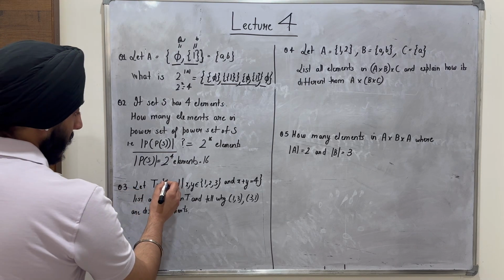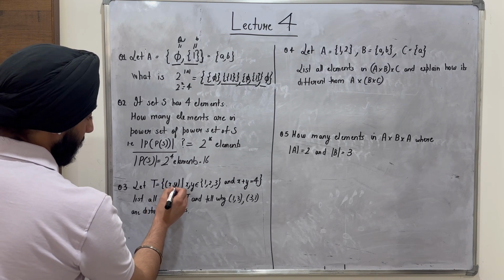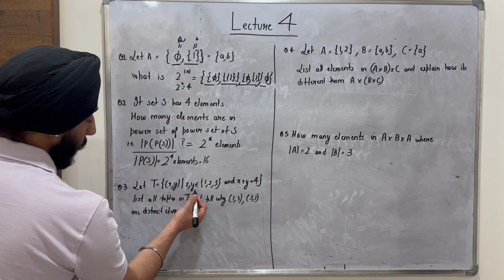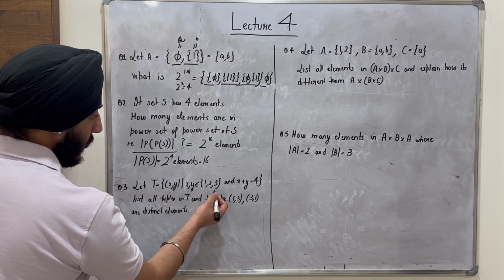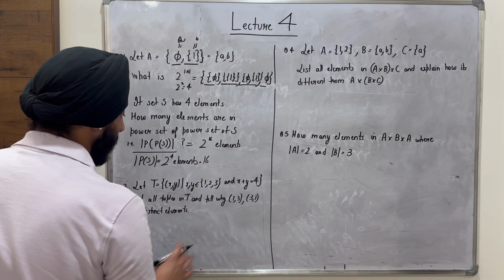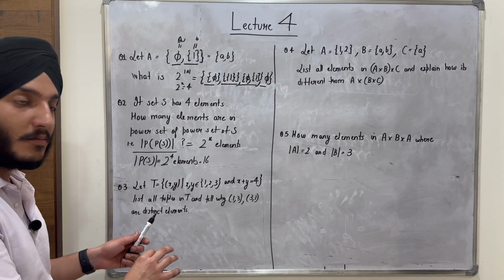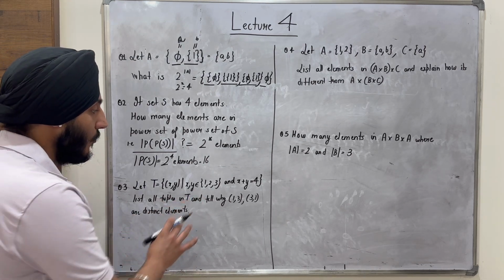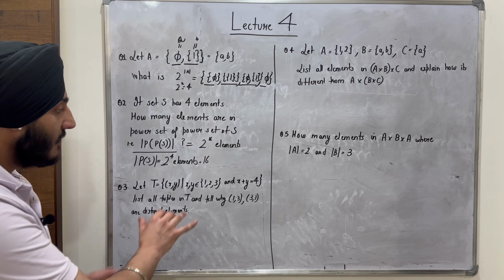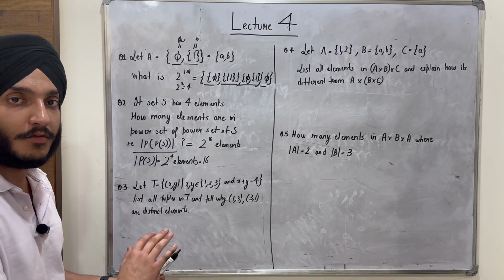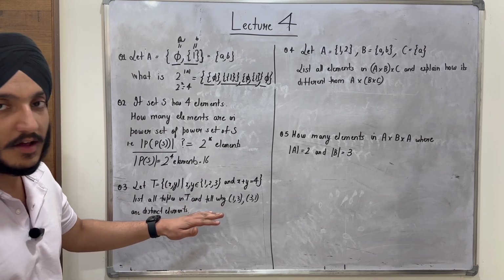Let T equal the set which has the tuples x, y such that x and y are elements of the set {1, 2, 3} and x plus y equals 4. Now we haven't covered this complicated set representation before, but I'll explain it in very simple words, right? If you don't understand this type of definition, just try to read it a few times and it will start making sense.